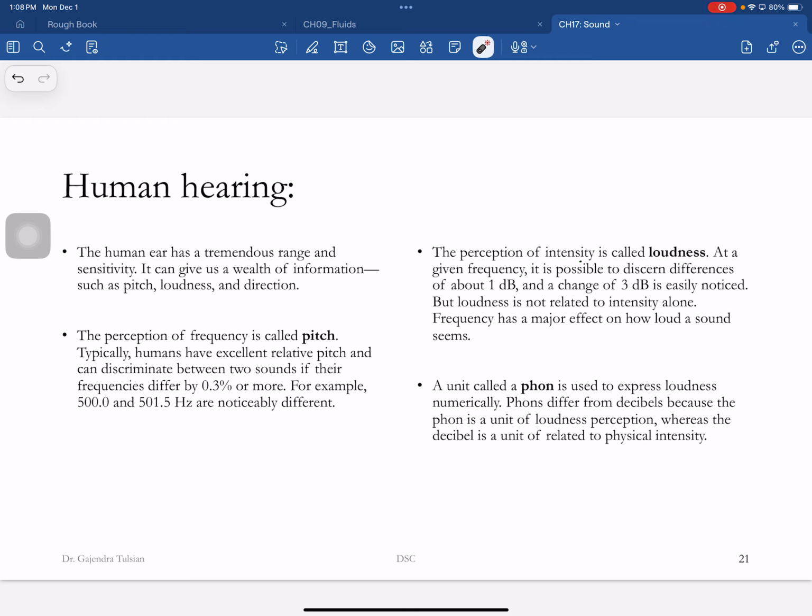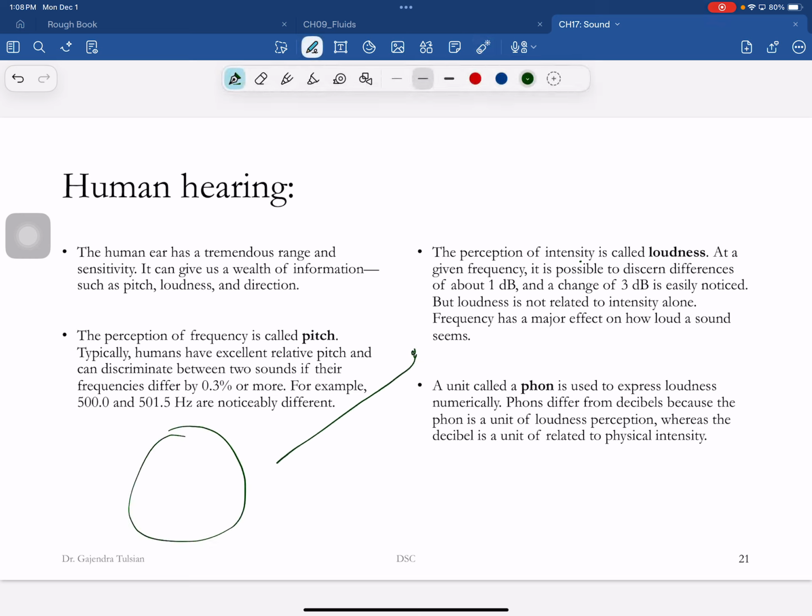When a sound wave gets to you, there's a wealth of information in that wave. It has pitch information. You can tell the frequency, you can tell the loudness, and you can tell the direction from which it's coming. So for instance, let's say here's your head and here's the sound wave.